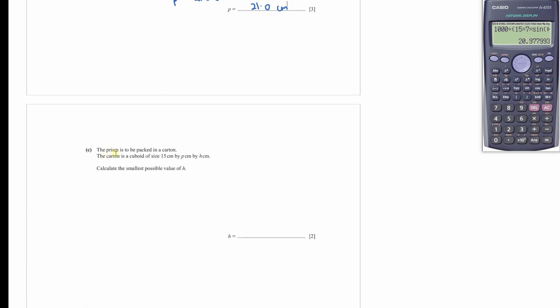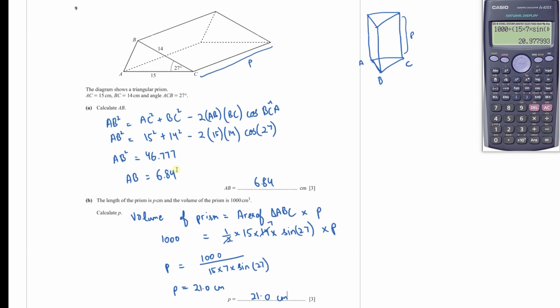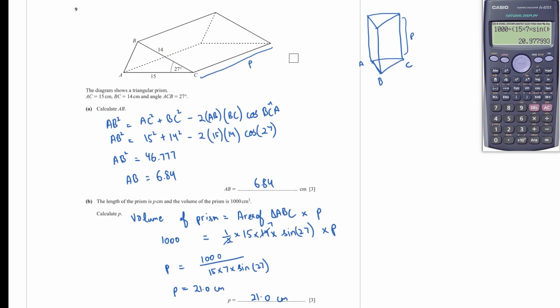Part C is the prism is to be packed in a carton. The carton is a cuboid of size 15 centimeter by P centimeter by H centimeter. Calculate the smallest possible value of H. So now you're packing this prism in a cuboid carton.